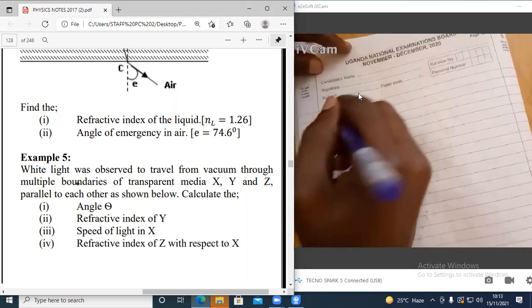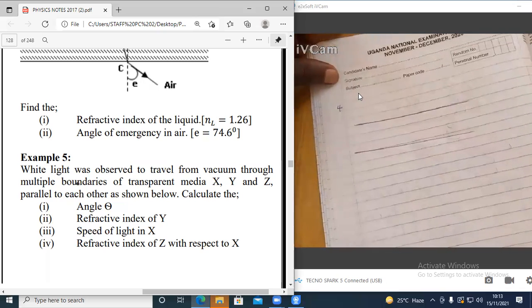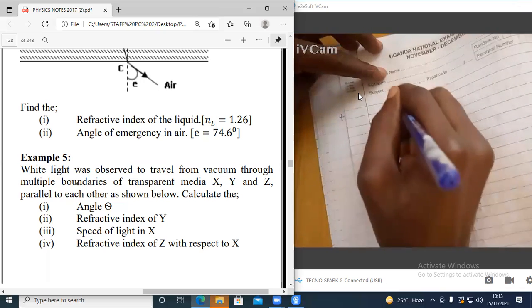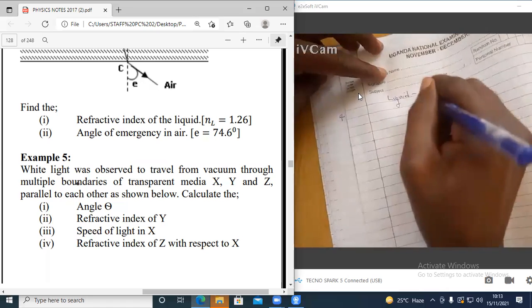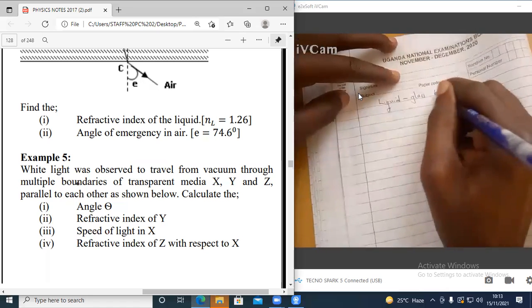So which boundary are we using? We are using the liquid to glass boundary.